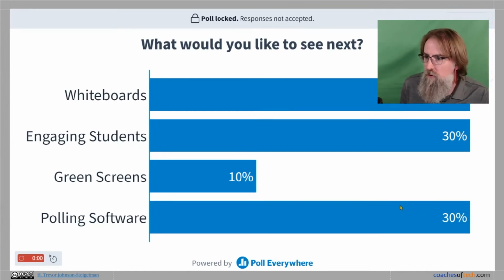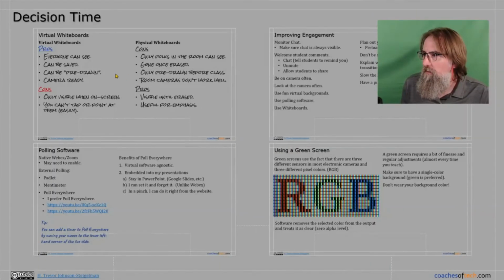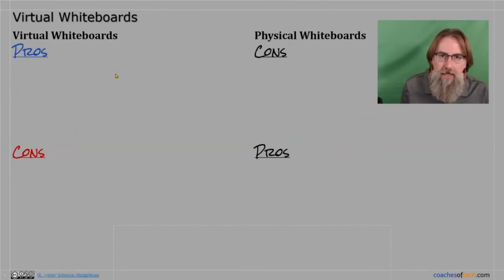So since that's first on the list, I'm going to jump to that and just talk a couple of pros and cons here. And I apologize. This is one of those points where I'm adjusting what goes out into the world. If I had a producer, they would do these things all for me.